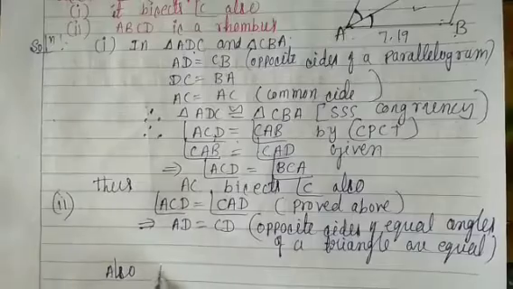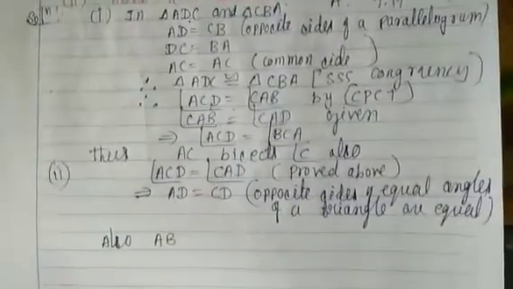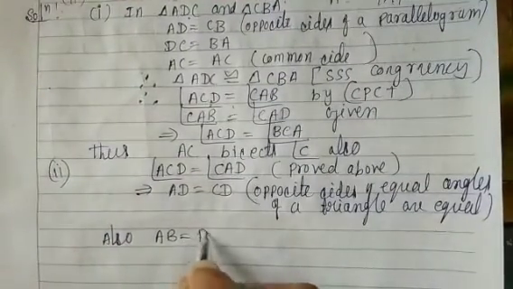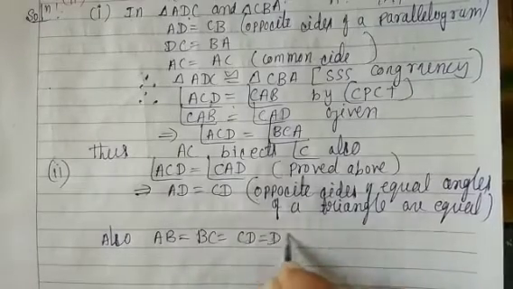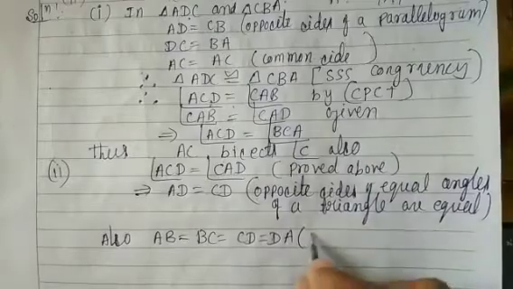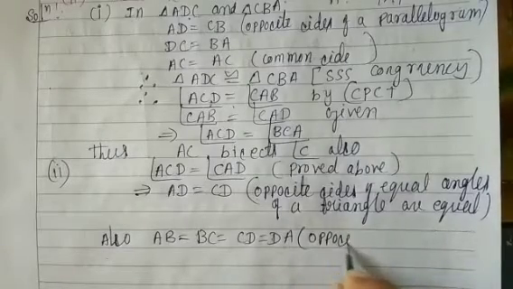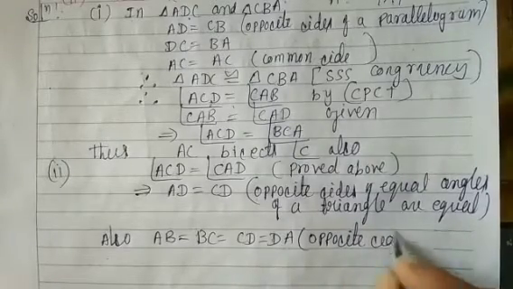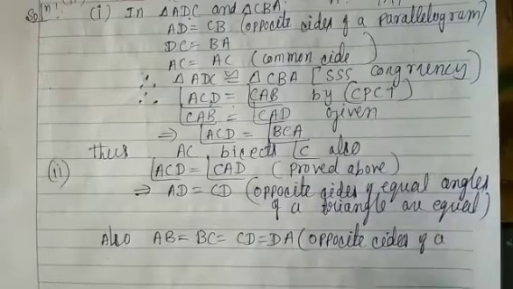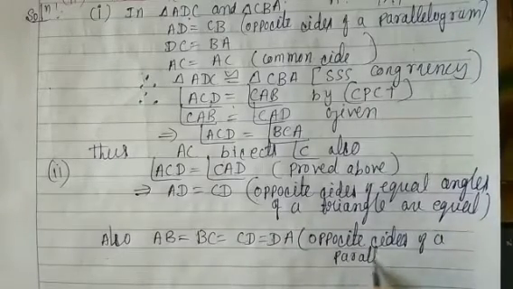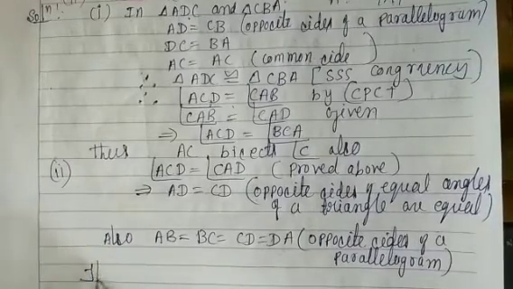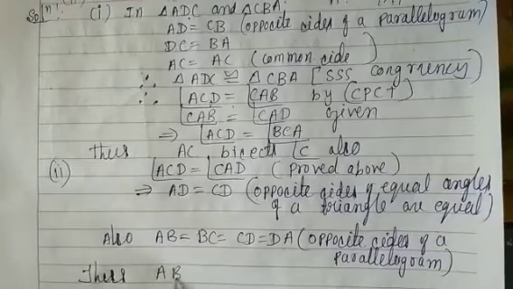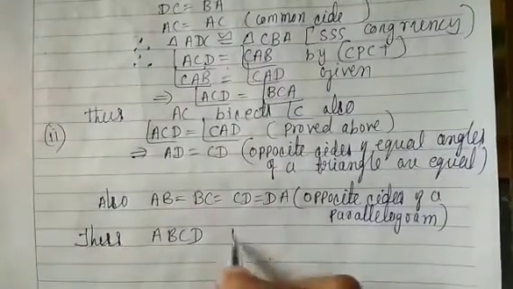Also, AB is equal to BC is equal to CD is equal to DA, opposite sides of a parallelogram. Thus ABCD is a rhombus.